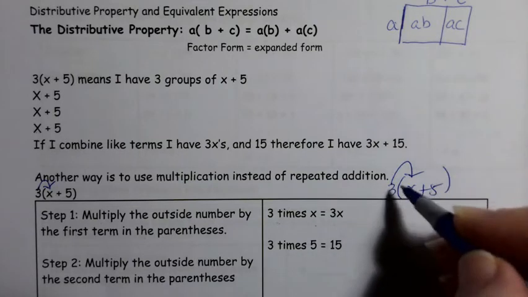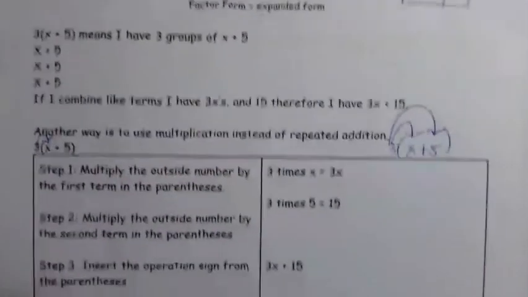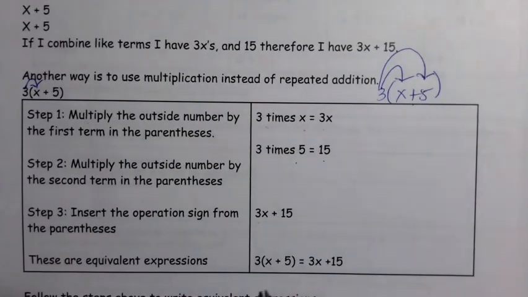Then I take 3 and multiply by 5, and I get 15. Okay, so now I have, insert the operation sign that was in between, my 3x plus 15. So these expressions are equivalent. 3 times the quantity of x plus 5 equals 3x plus 15.